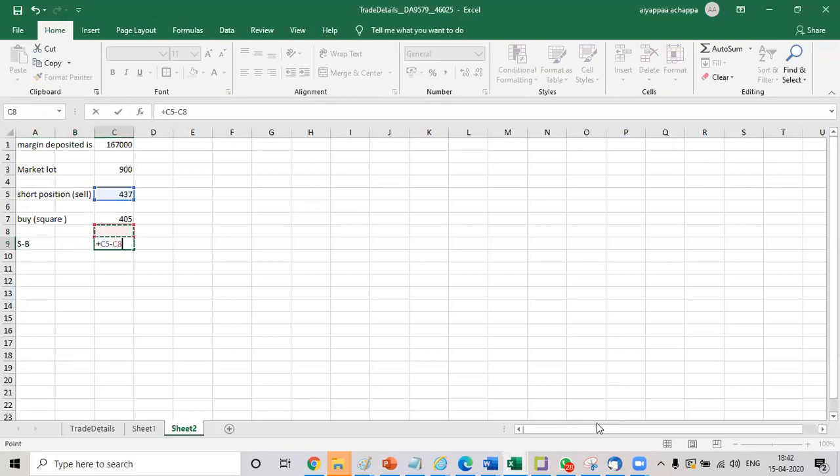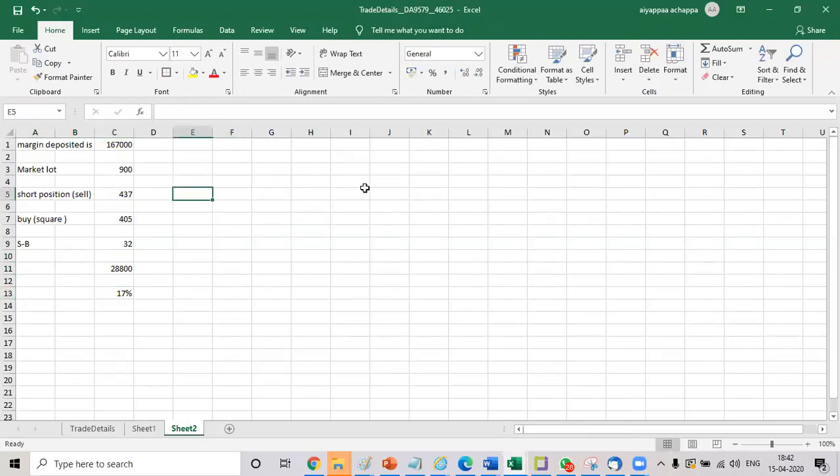So you make a profit of 32 rupees. Now 32 into 900, you make a profit of 28,800. So here your return on investment would be 17%.